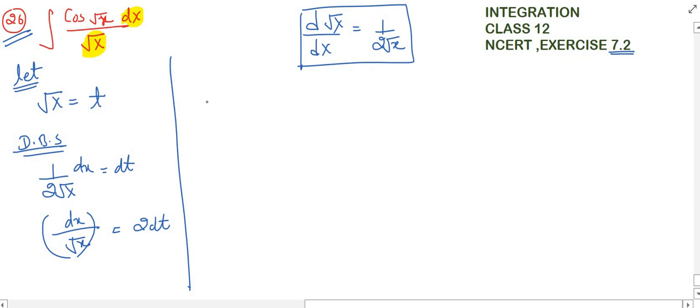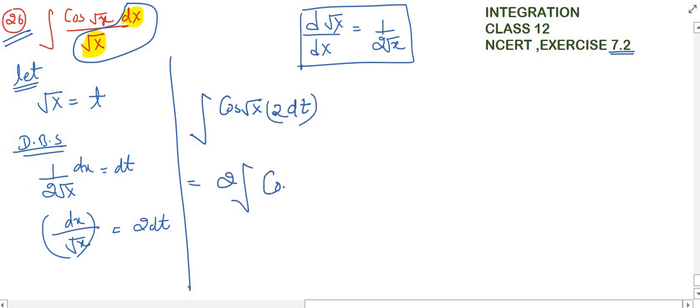So let me write down integration of cos of root x into dx by root x, which is twice dt. So I will write 2 of cos of root x, what is root x? It is t, into dt.